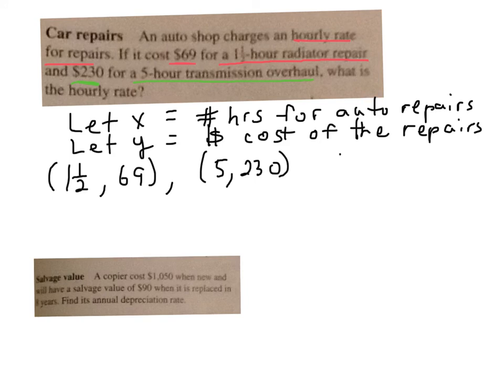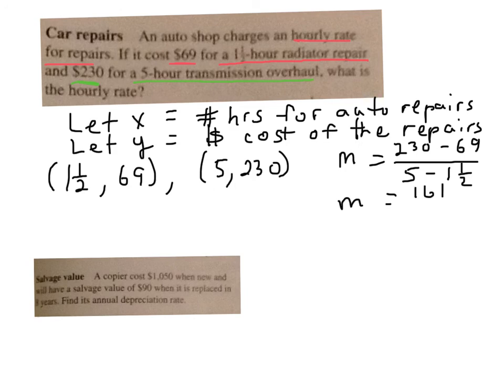I'm going to need to get my slope first, so I'll call (5, 230) my point 2. So I've got 230 minus 69 over 5 minus 1.5. So I'm going to get m equals 230 minus 69, which is 161, over 5 minus 1.5, which is 3.5.